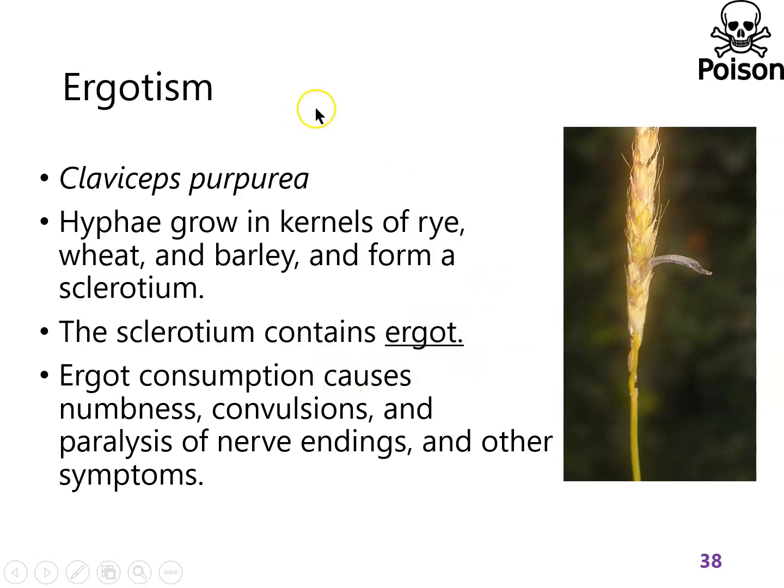And ergot causes central nervous system disruptions like numbness, convulsions, paralysis, etc. And it can be metabolized into a hallucinogen, but if you just ate this, I think you would experience these things.